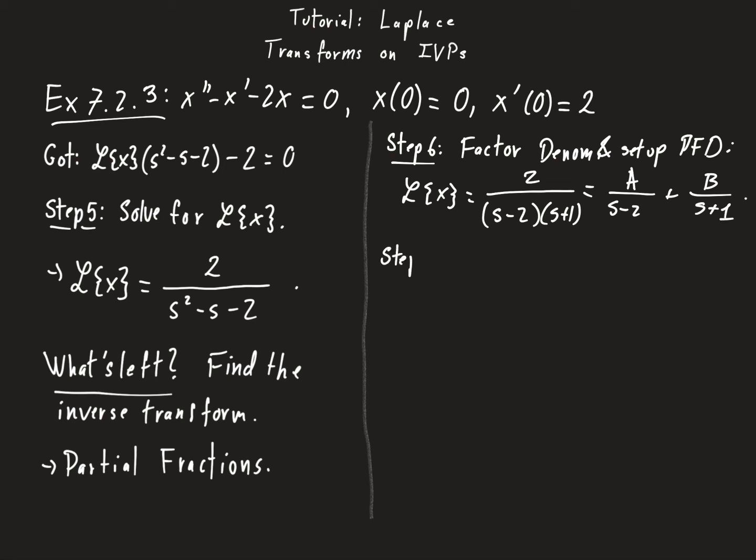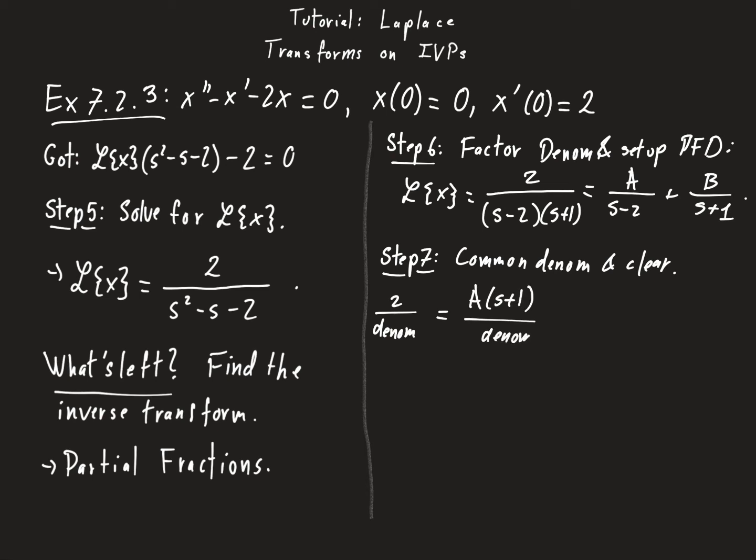Alright, now that we've set this up, step 7 is to put on a common denominator. At this point, it doesn't really matter what the denominators are, so I'm just going to write that we have 2 over the denominator. It's going to be equal to a multiplied by s plus 1, so here we have a times s plus 1 over the common denominator.